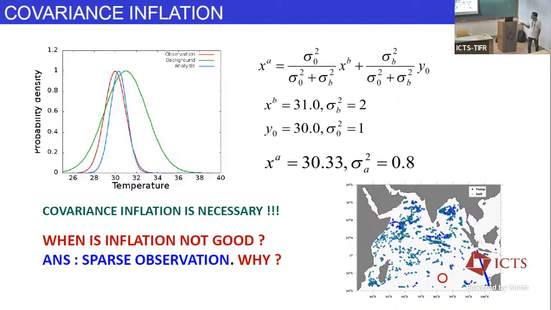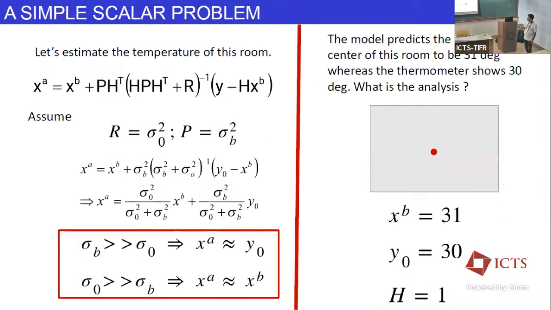What happens is this, your analysis error variance keeps on decreasing, okay? When it keeps on decreasing, you come back to this slide. This keeps on decreasing means your sigma b keeps on decreasing. You are having more and more trust on the model estimates, on the model background, right?